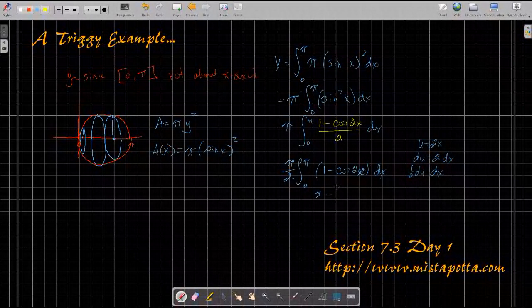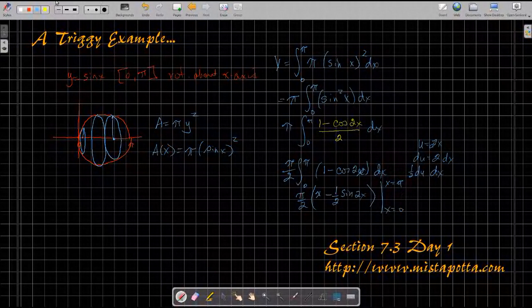So I end up with 1/2 sine of 2x. And all of this is being multiplied by pi over 2. And all of this is being evaluated from x equals 0 to x equals pi.